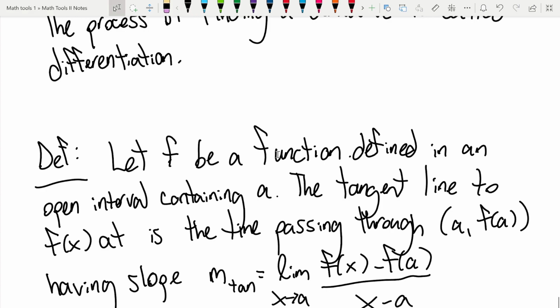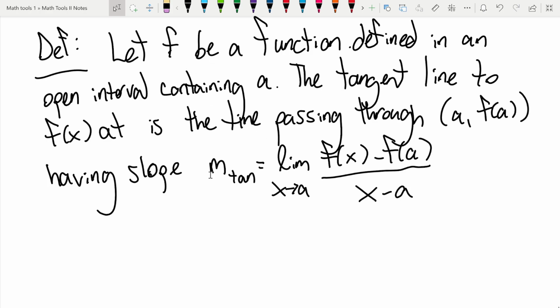Okay. So this is sometimes known as the alternative definition of the derivative. This is a little bit different than the one we looked at using h, which is the more common one that I'm going to write down in a second here.